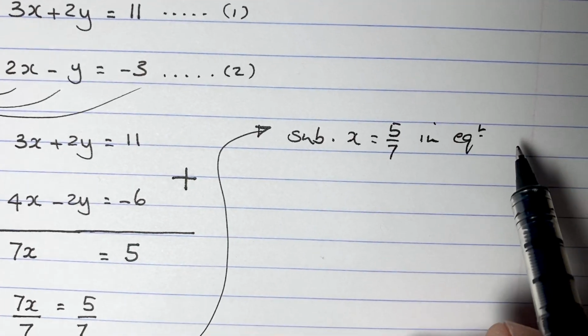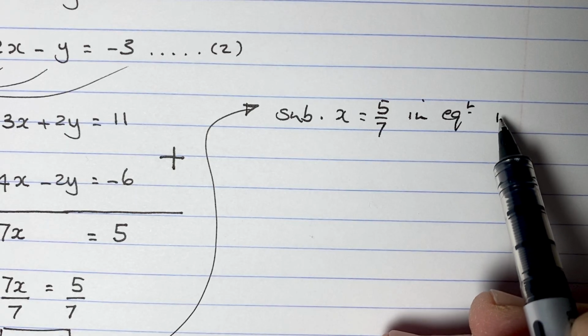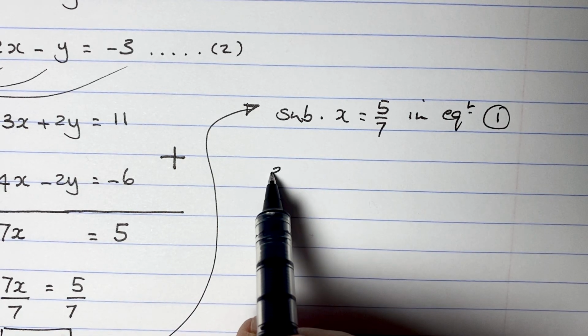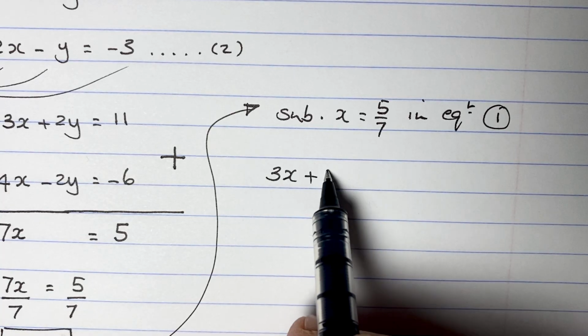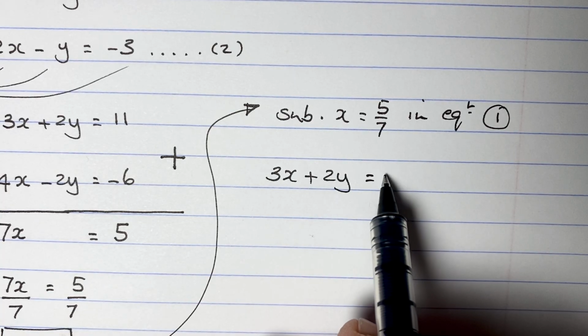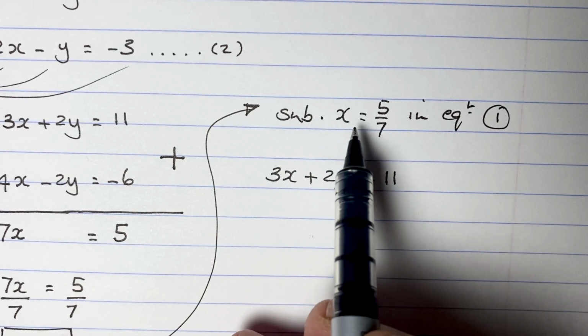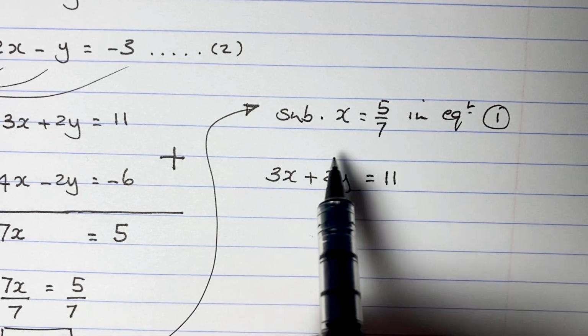So I'll go for substituting in equation 1. I write equation 1, and I do as I've written here. Substitute x equals 5/7 into here.